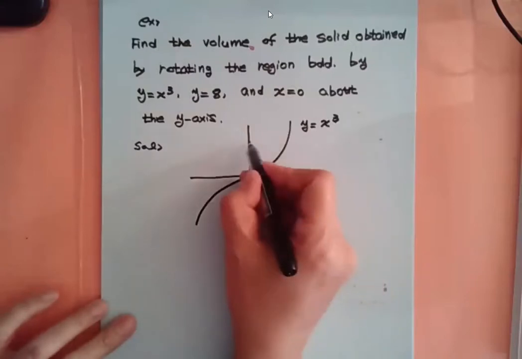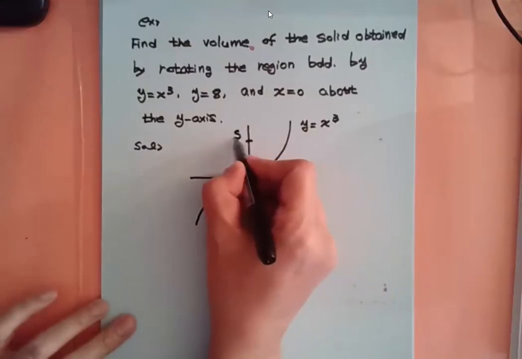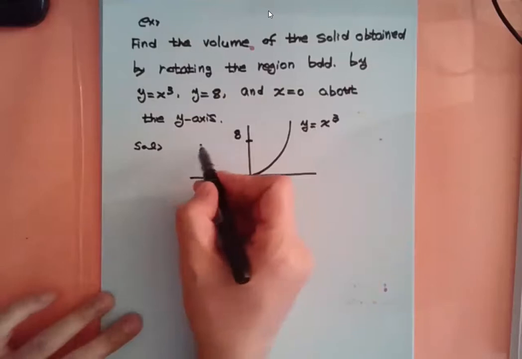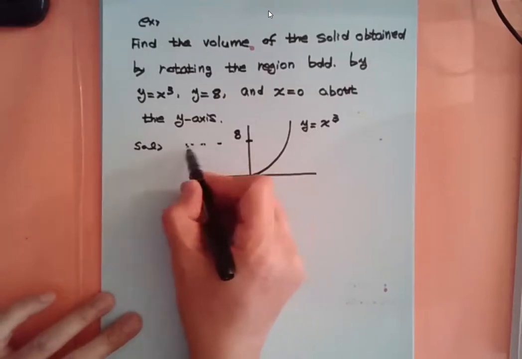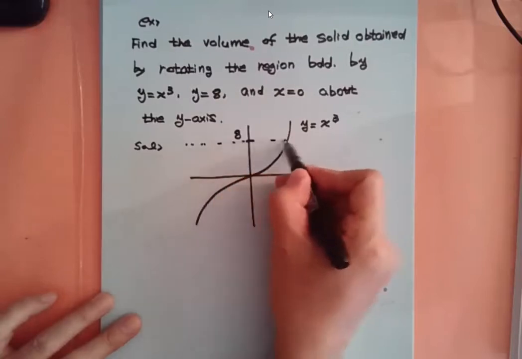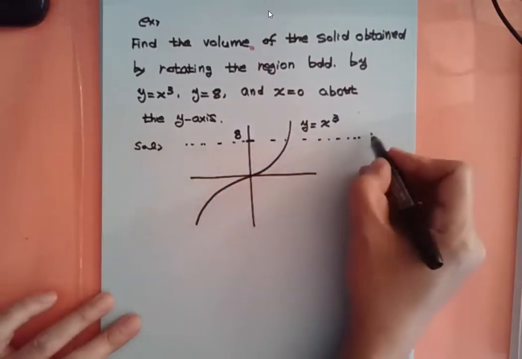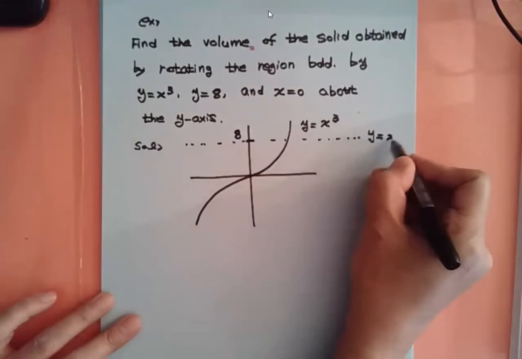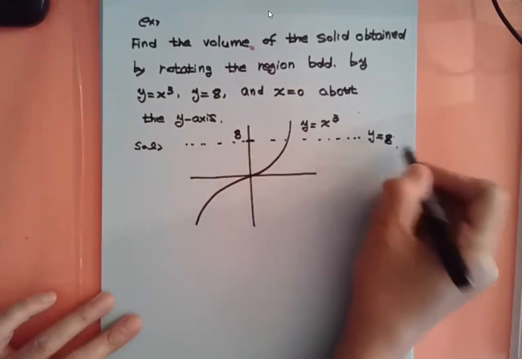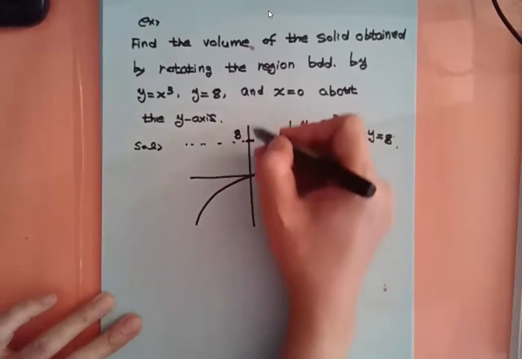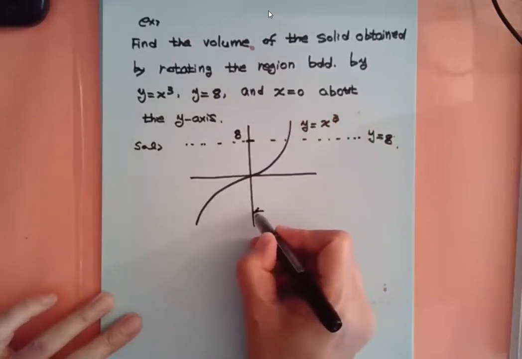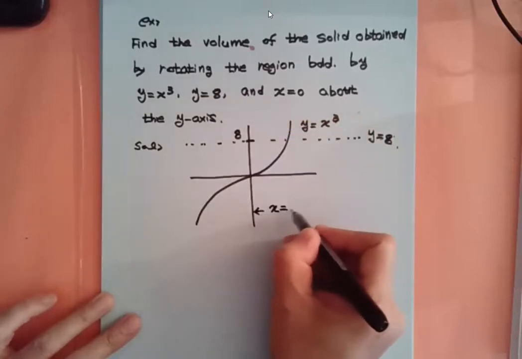And y equals 8. Let's say this is 8, and that is a horizontal line. This line is y equals 8. And x equals 0 is simply the y-axis. So this is x equals 0.